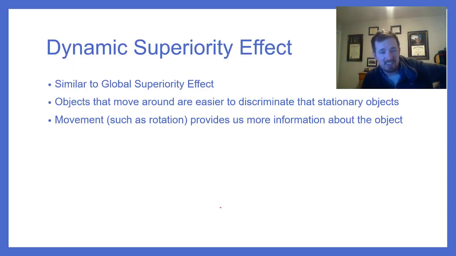Another very similar thing is called the dynamic superiority effect, and this is whenever we perceive things that are moving first before things that are not moving.